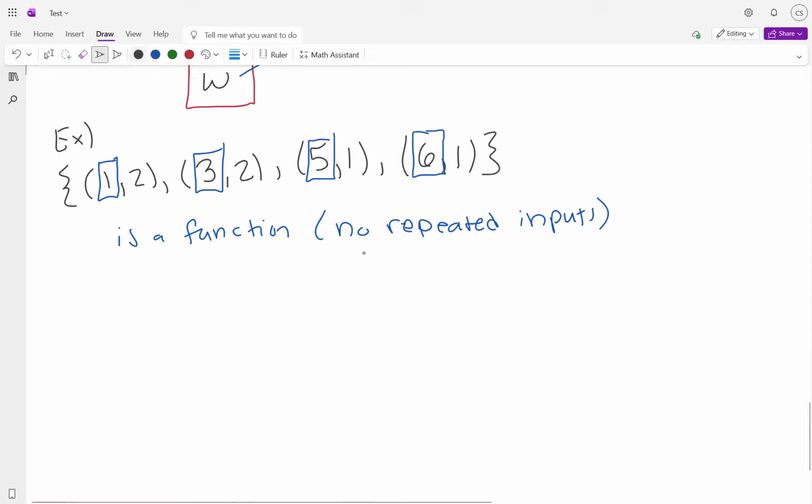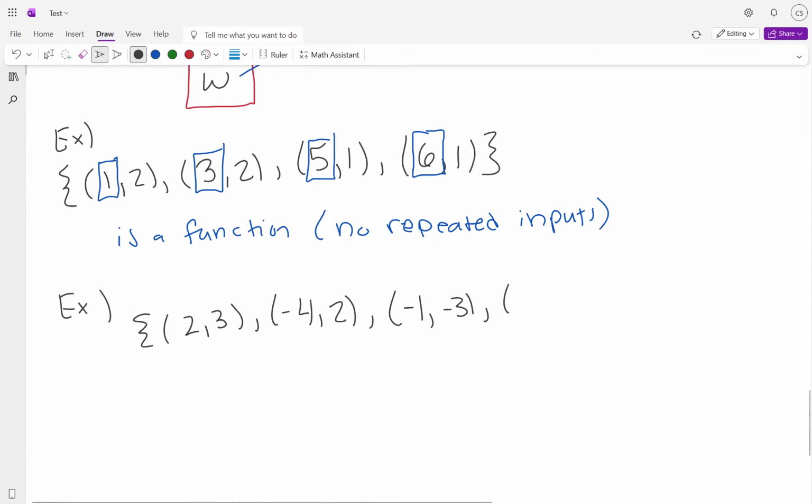So versus if we have the collection of points (2, 3), (-4, 2), (-1, -3), and (2, 4). Okay. So now, if we look at all of our inputs, notice here we have a 2 and a 2.